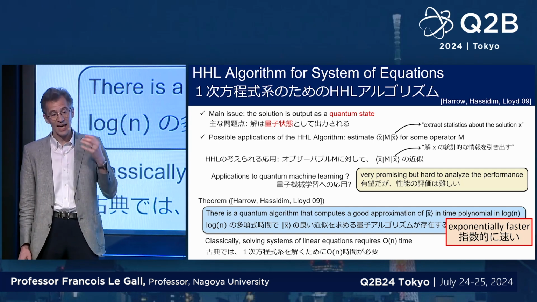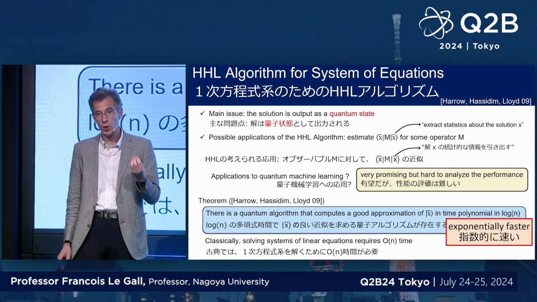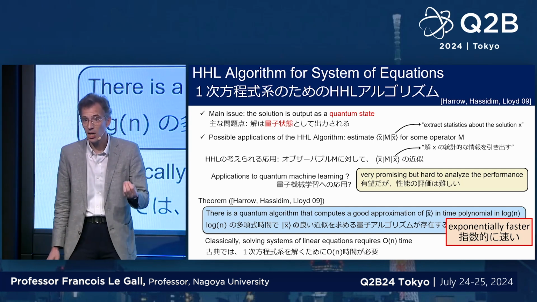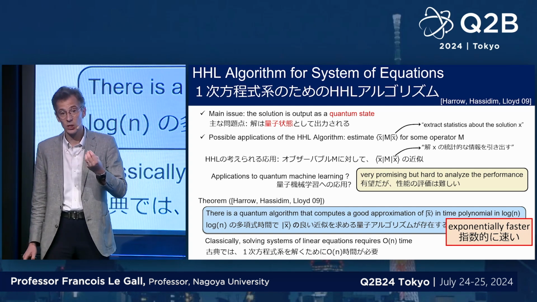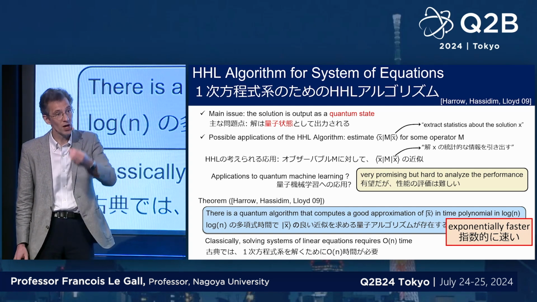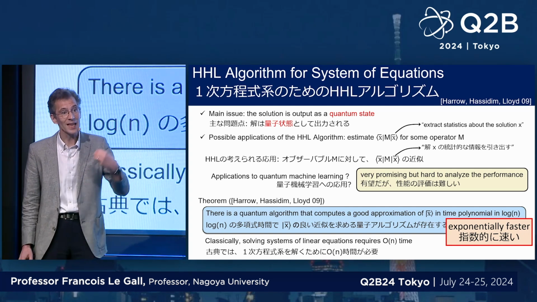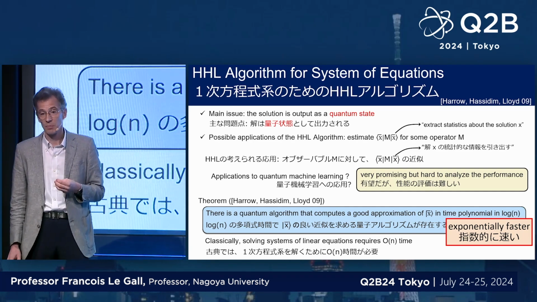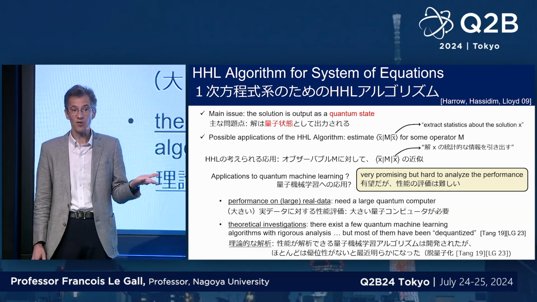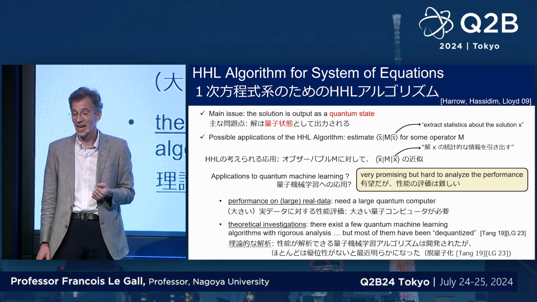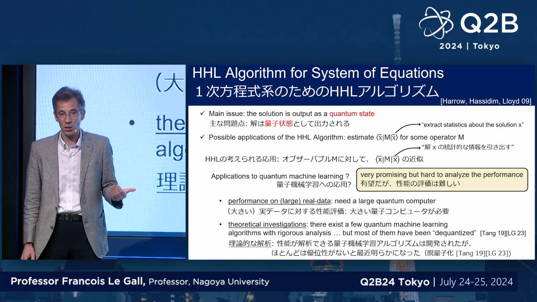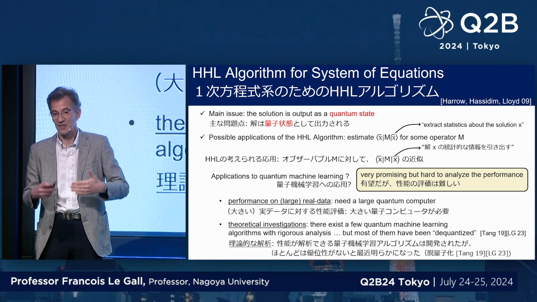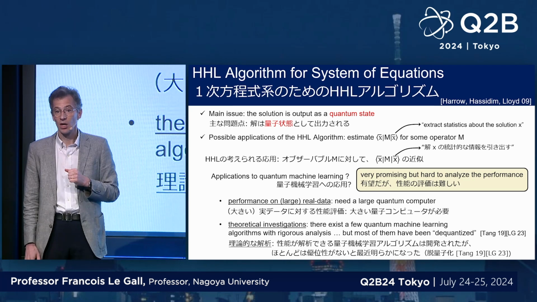Why? Because in machine learning, typically, we don't have a good theoretical understanding of the performance of algorithms. What we do is run the algorithm on real data to analyze the performance. For quantum machine learning algorithms that is problematic, because we don't yet have large scale quantum computers.